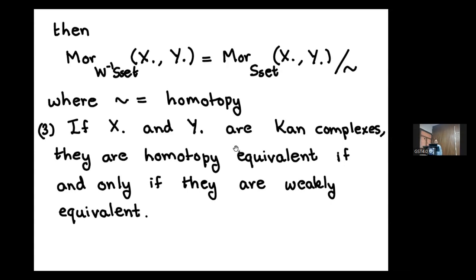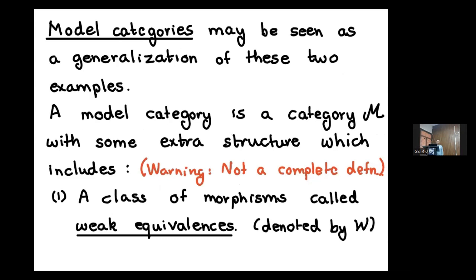I know I have not really even defined what a Kan complex is, but that's more or less what these lectures are going to be like. The idea is just to convey the grand plan of things. Basically, what model categories are is that you want to generalize these two examples.